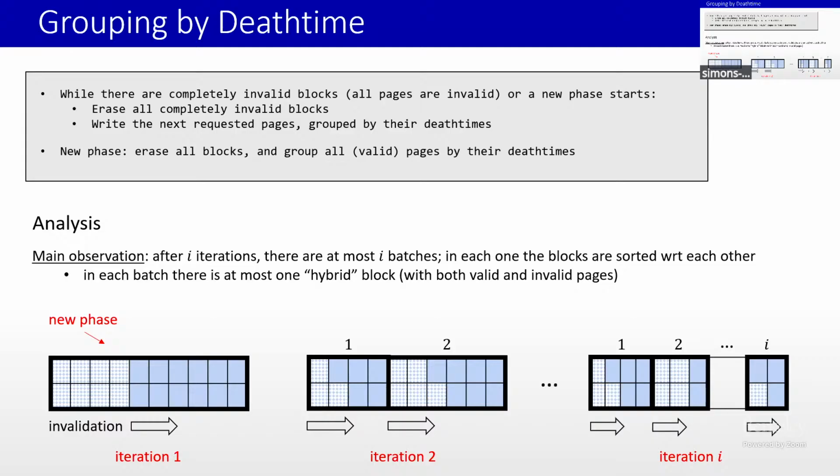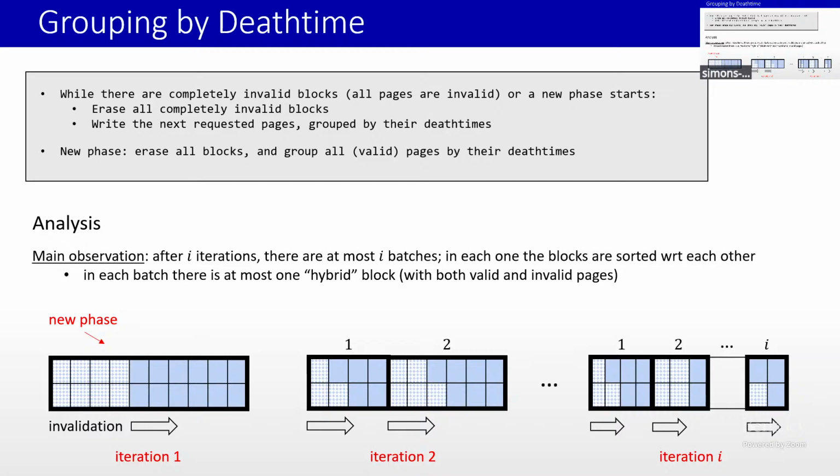So what is the situation right now? These are the result of the new phase. I grouped all of them, and these blocks are sorted with respect to each other. Same thing here, the blocks are sorted with respect to each other, but it's not true between these blocks and these blocks.